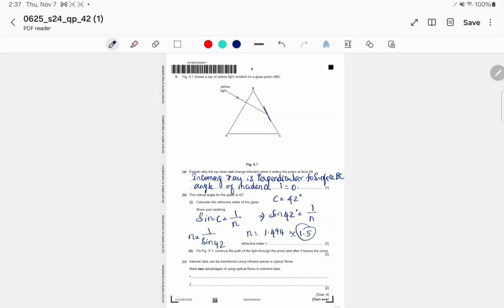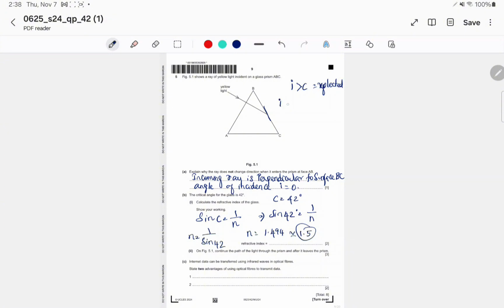Next one. On figure 5.1, continue the path of the light through the prism after it leaves the prism. So how should we draw the diagram here? If the angle of incidence i is greater than the critical angle, it is reflected.